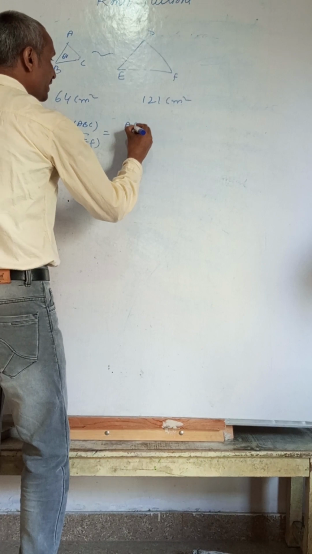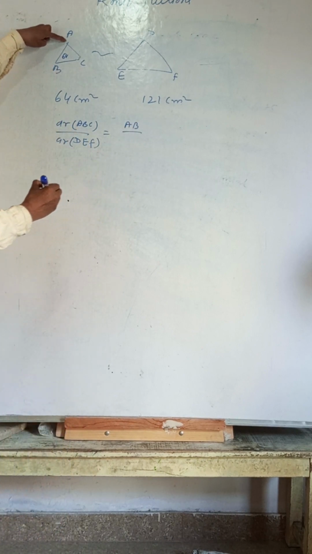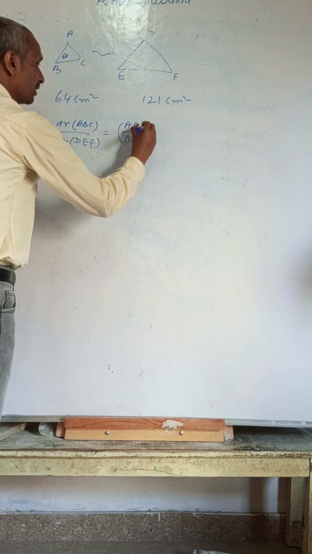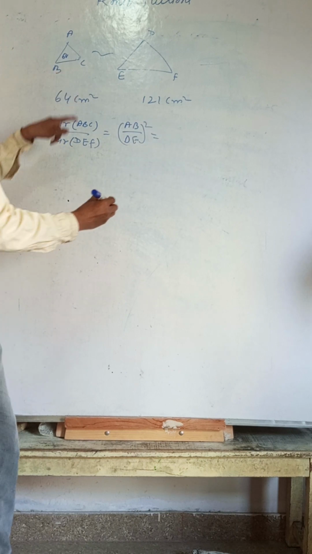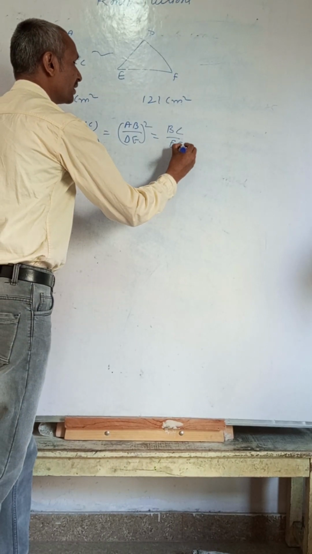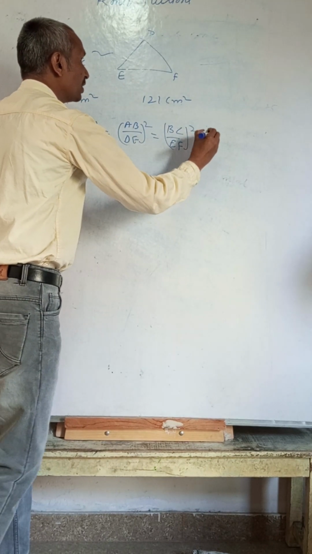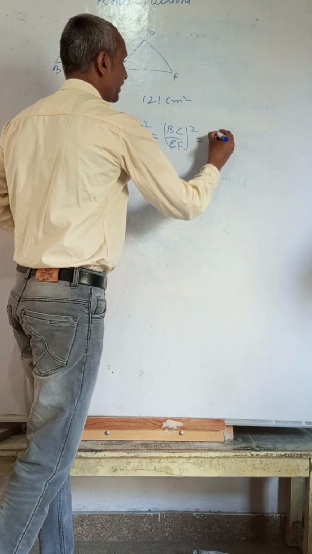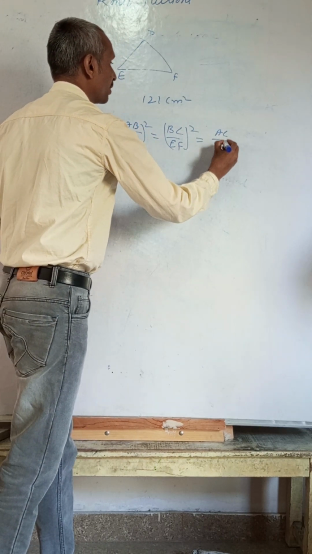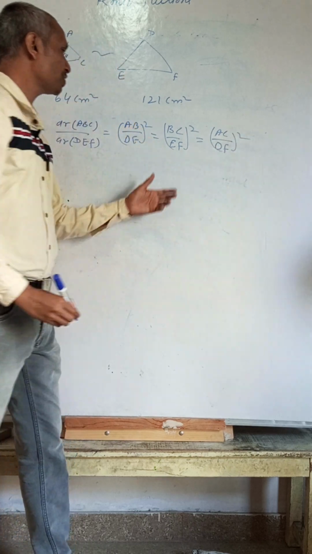So we can write AB by DE squared, equal to BC by EF squared, equal to AC (or CA, no problem) by DF squared. This is the formula.